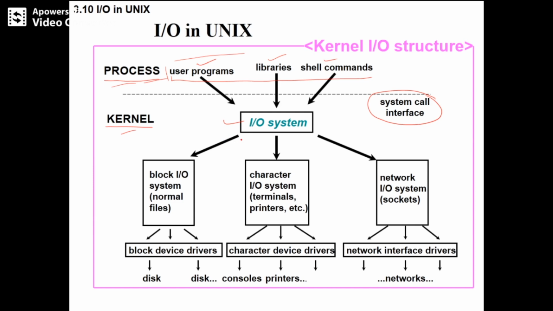It can give the data to the block IO system, for normal files, or it can act as the character IO system, for terminals, printers, etc. There is one more branch, the network IO system, which we can also see as sockets. So it will divide accordingly and give the task accordingly.